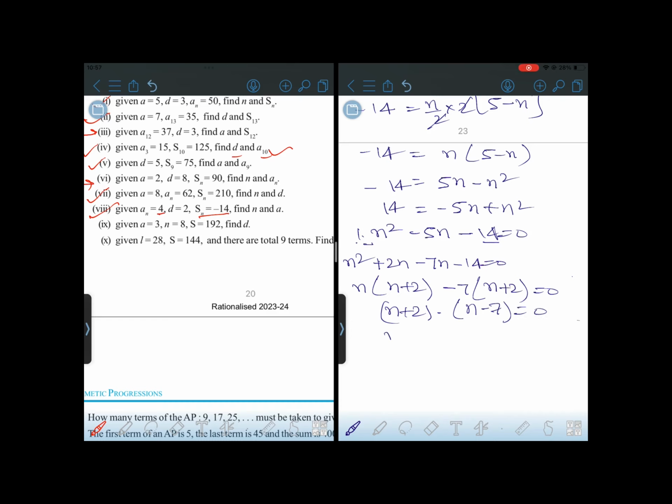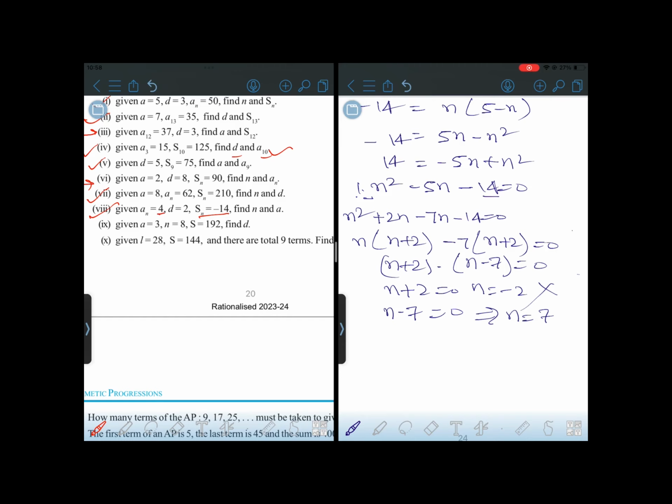Either n plus 2 is 0, that gives us n equal to minus 2, which is not possible because n is always a positive integer, or n minus 7 is equal to 0. That gives us n is equal to 7.